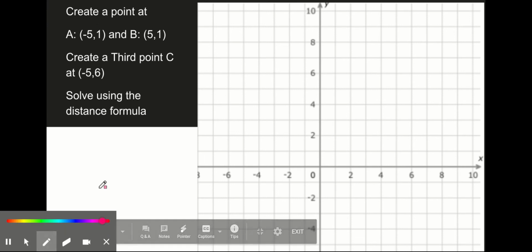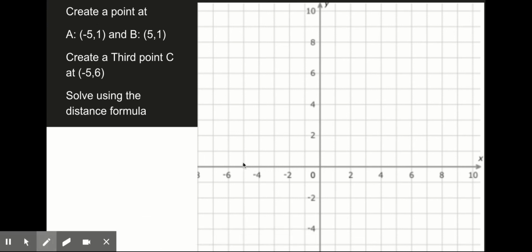All right, here's what I mean by this. Points: (-5, 1), (5, 1), (-5, 6).